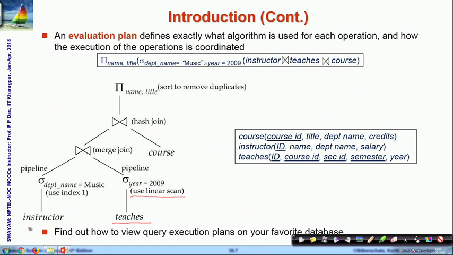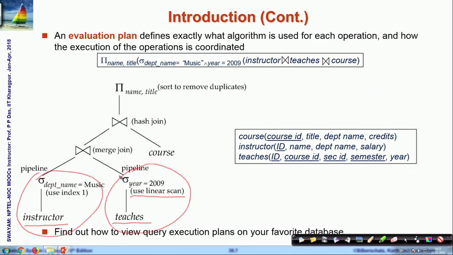Whereas if I am doing a selection with department name equal to music, there could be a secondary index based on the department name. So, I will be able to use that index to find this.